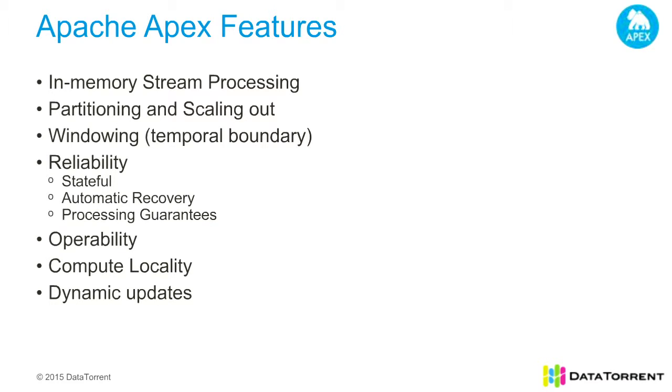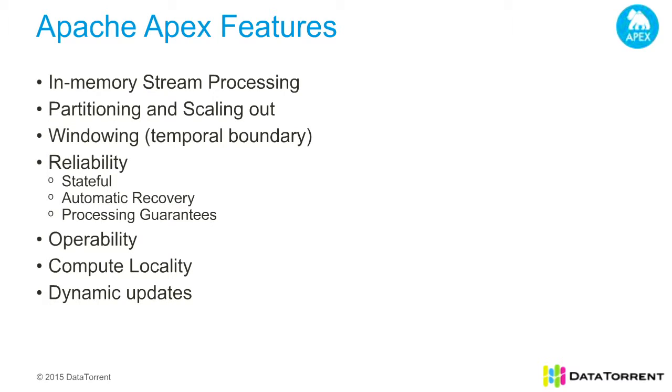From the beginning, there was a strong focus on operability, going to production, running applications in production, and this operability focus will show in many ways in Apache Apex, and the fault tolerance concepts are part of that. It also has optimizations that increase performance and can increase the throughput significantly.